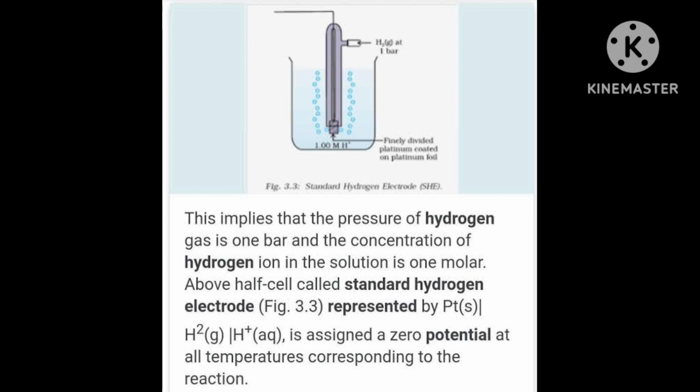Then the platinum wire is there just to conduct electricity from one end to the other end. From there you can make a connection with other parts.